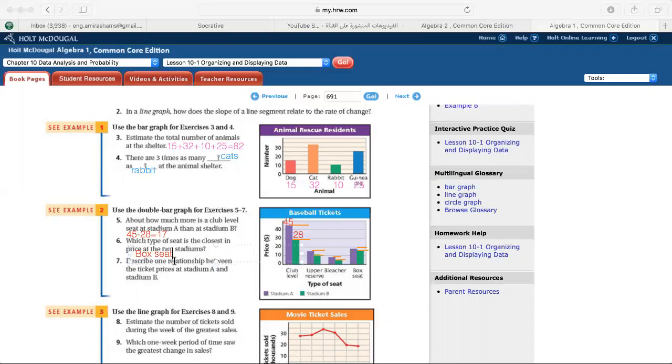As you see here, for the box seat, the difference between the heights of the two bars is small. When the difference between the heights of the two bars is small, this means that they are close to each other. When the difference in height between the two bars is big, like in club level, they are not close to each other.